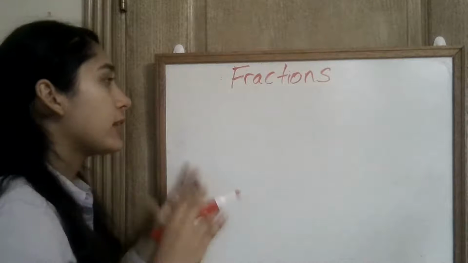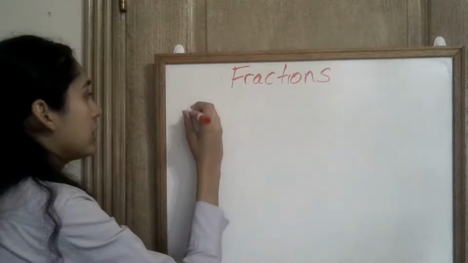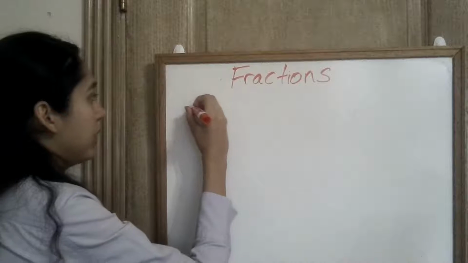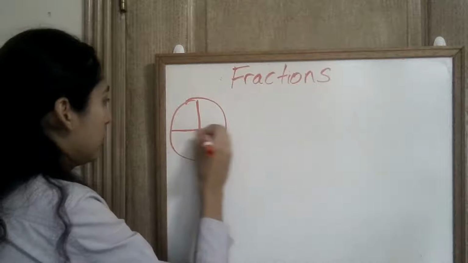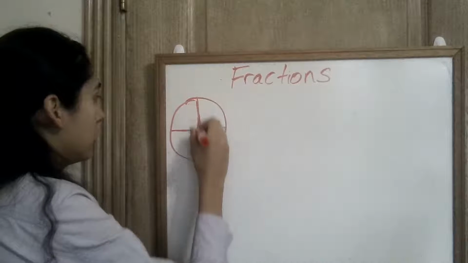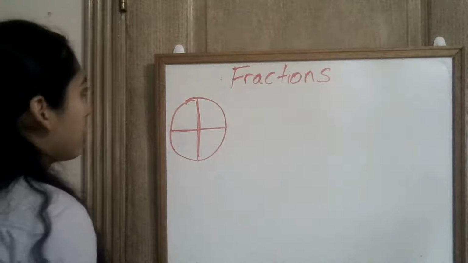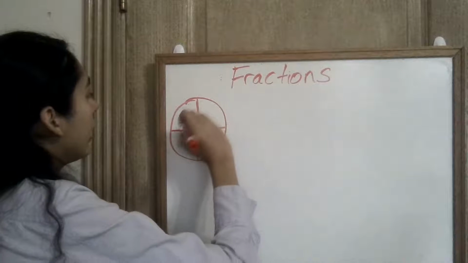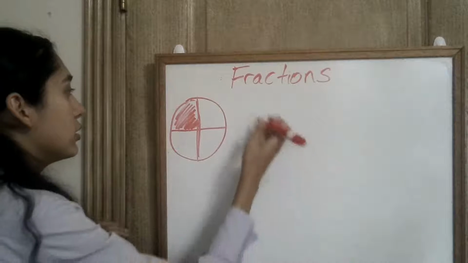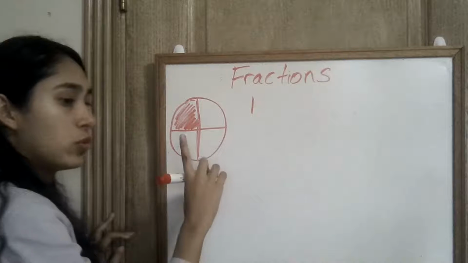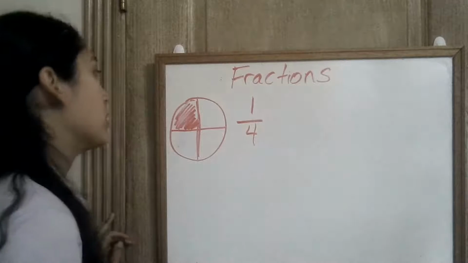So a fraction is just a part of a whole. Let's say I have a pizza, and I divide it into 4 parts. And I ate 1 slice out of the 4 slices. So I know there's 1 slice out of the total of 4 slices.